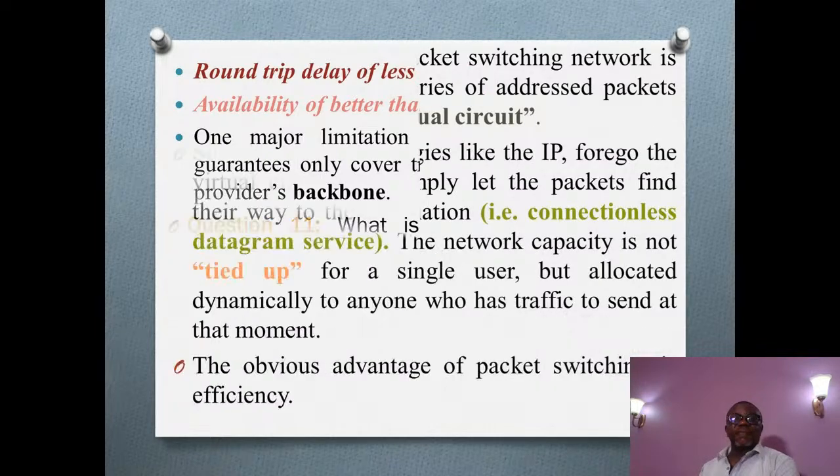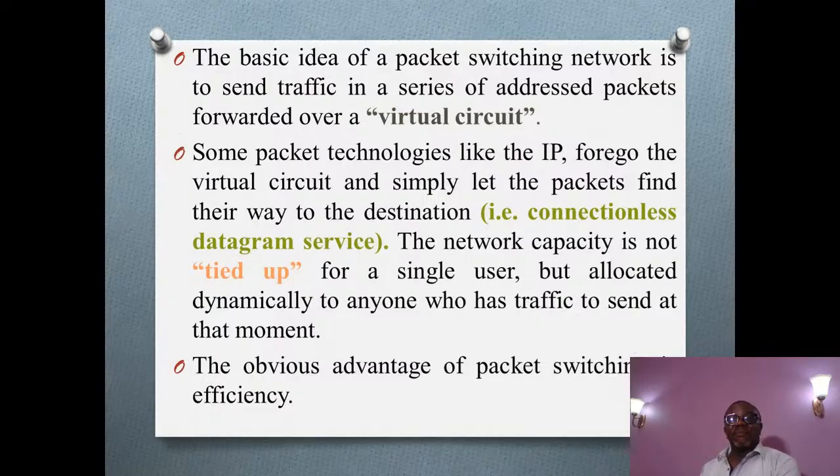Now, the basic idea of packet switching is to send traffic in a series of addressed packets forwarded over a virtual circuit. I've tried to explain what a virtual circuit is. So, for packet switching, these packets have the address of where they are going.